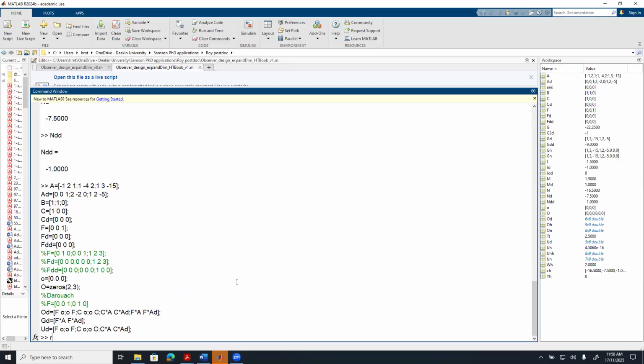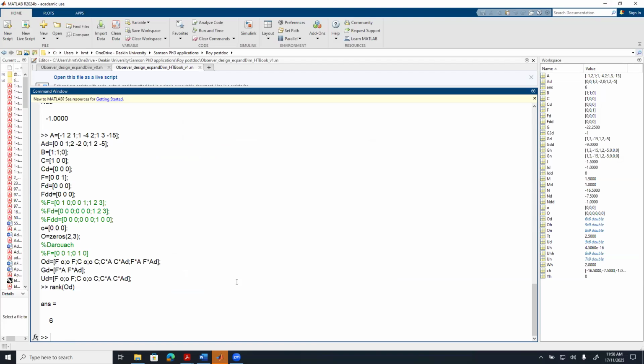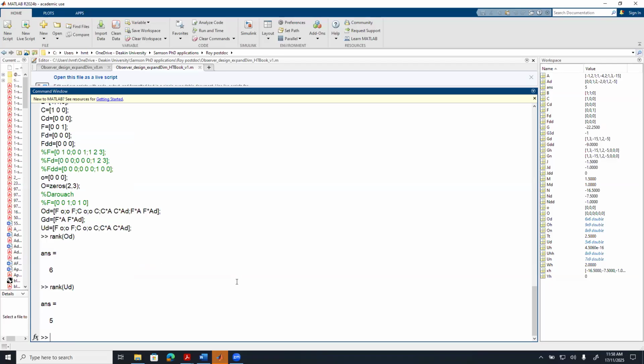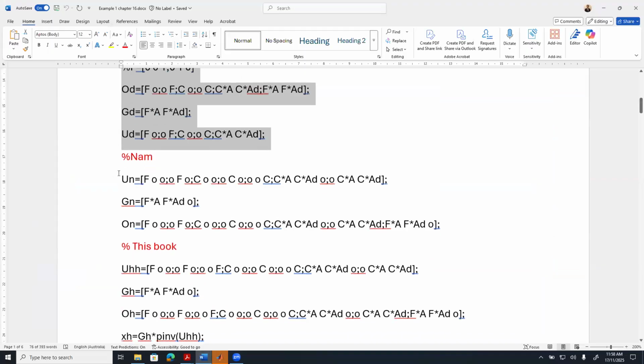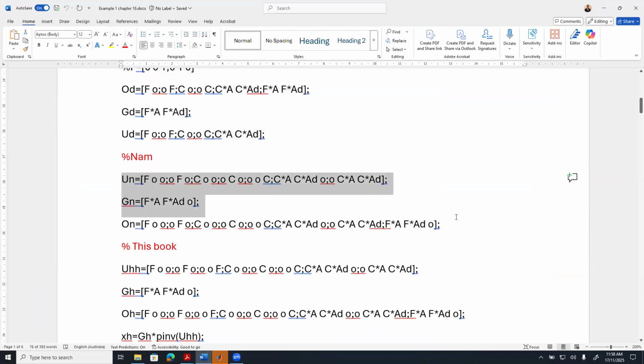The reason for that is because the rank of matrix OD is 6, whereas the rank of the matrix where we augmented the extra row, which is UD, does not exist. And likewise, when we test the other condition, it is also not satisfied.